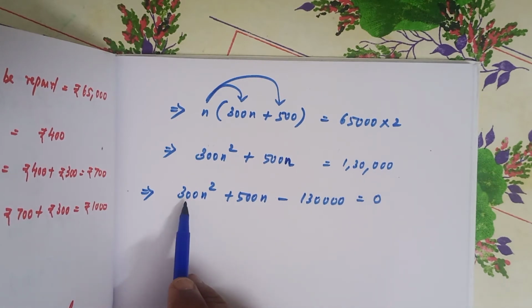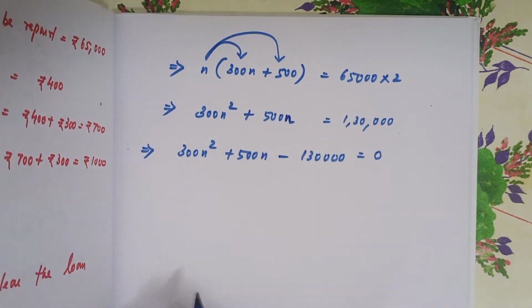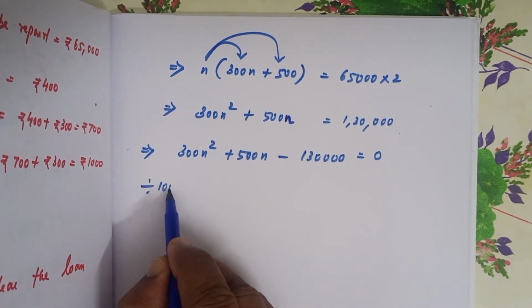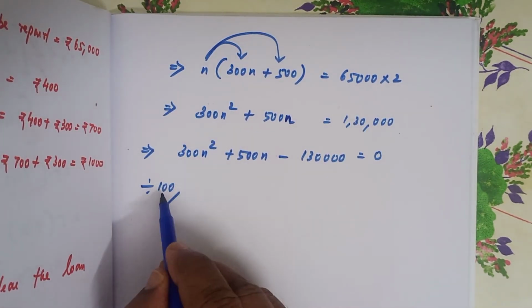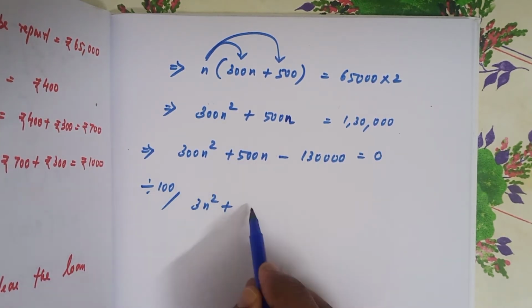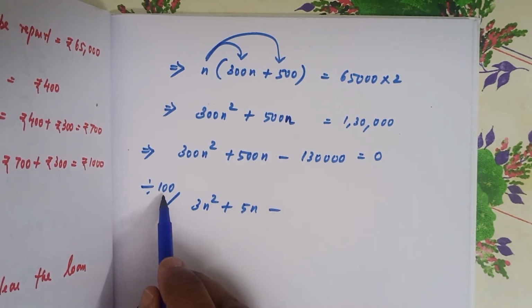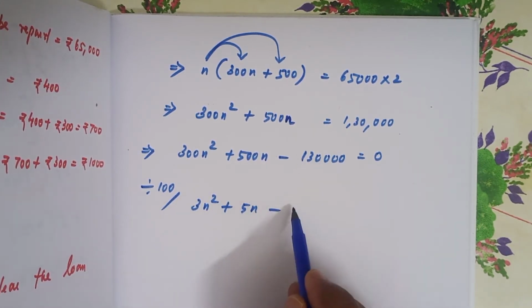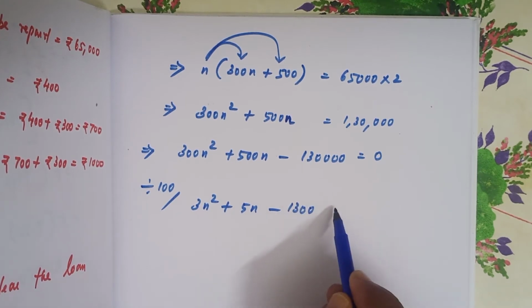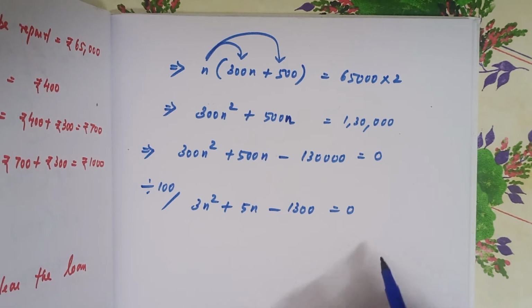Here each and every number 300, 500 and 1,30,000 can be divided by 100. If we divide by 100, 300 by 100 is 3n square, 500 by 100 is 5, so 5n, 1,30,000 by 100, the zeros get cancelled, we will be getting 1,300, equal to 0. It is a quadratic equation, we have to solve this equation.